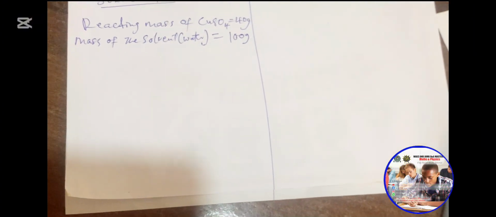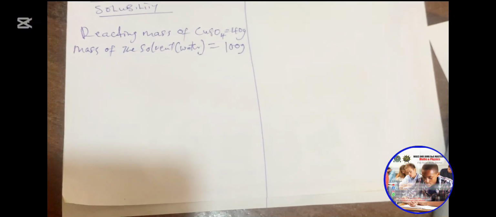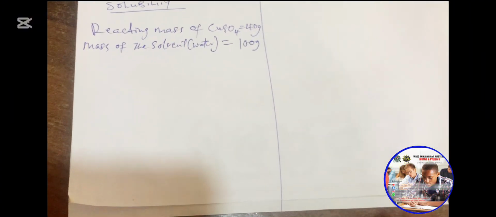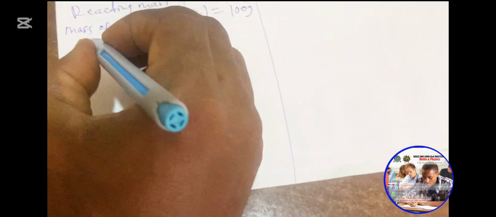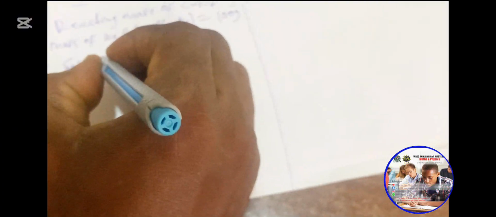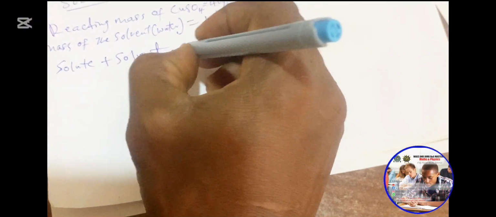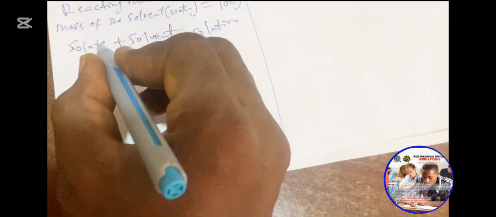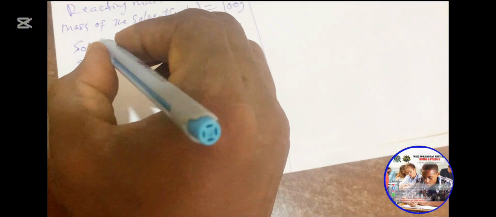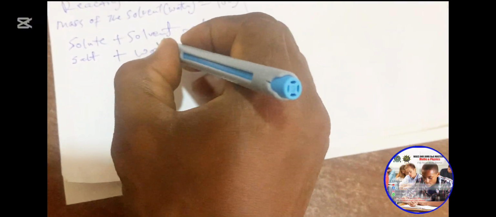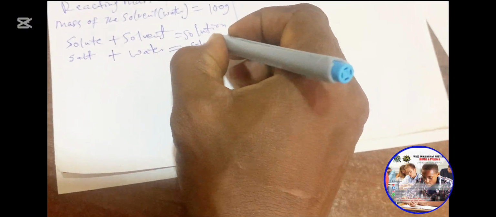So this particular question is a molar solubility question, and you should know the difference between solution, solute and solvent, because solute plus solvent, or solute dissolved in solvent, will give you solution. An example of a solute is salt, and the solvent is water. When you dissolve salt in water, it will give you salt solution.